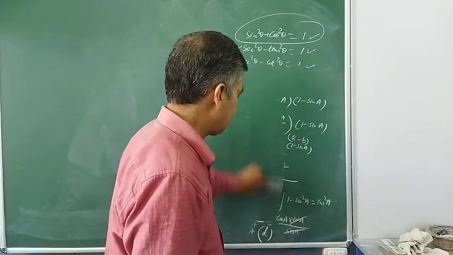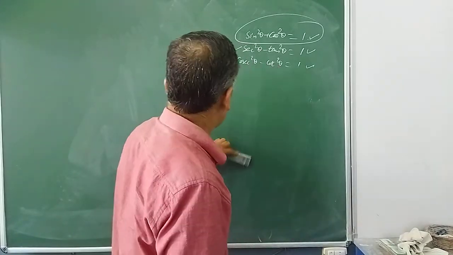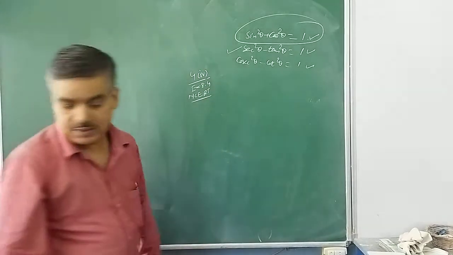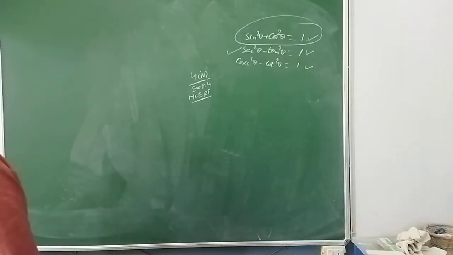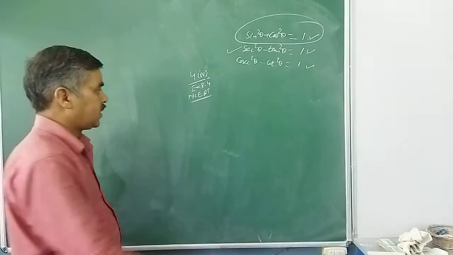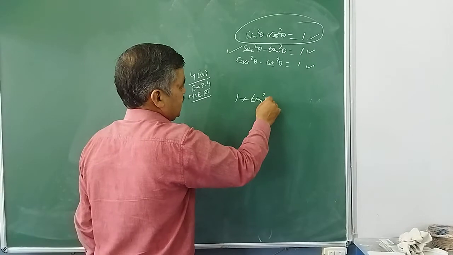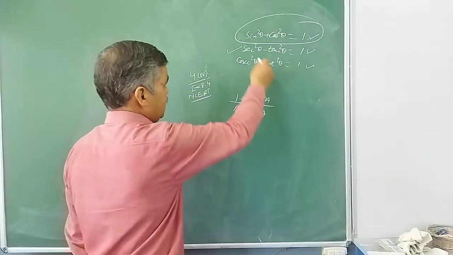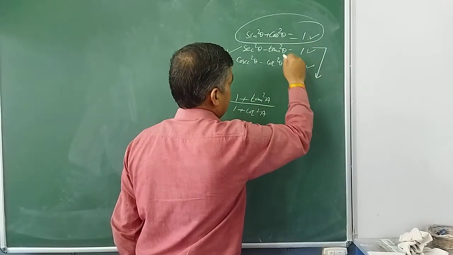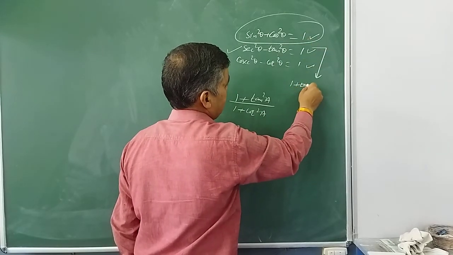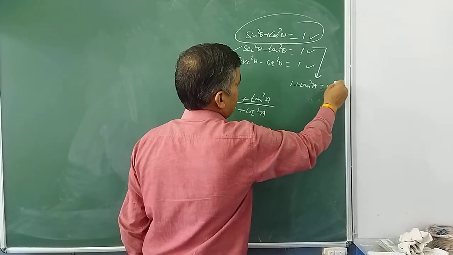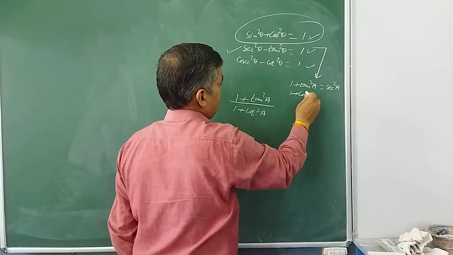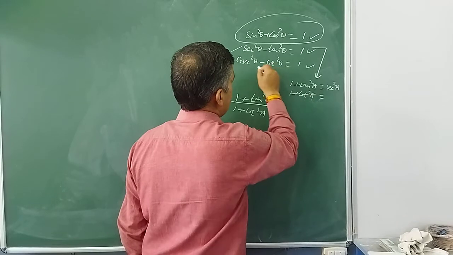Now let us go for the fourth part of this. Fourth is 1 plus tangent square A upon 1 plus cot square A. If you see, if I shift this tangent square A to this side, I will be getting 1 plus tangent square A is equal to secant square A. And similarly 1 plus cot square A. If you remember the identity, then you can use this result directly.